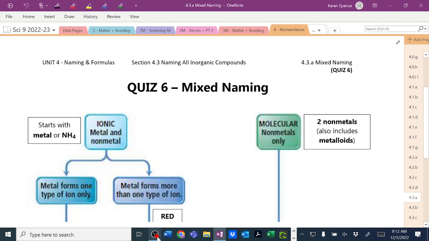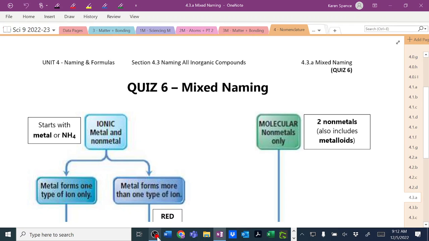So this is one of two flowcharts that we have for how to name compounds when you have a whole bunch of them all mixed up together, because you will have covalent compounds which use prefixes. You will have ionic compounds that don't need Roman numerals. You'll have ionic compounds that do need Roman numerals, and you need to be able to keep those three different types straight.